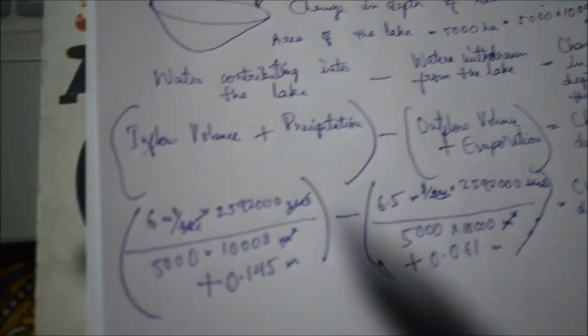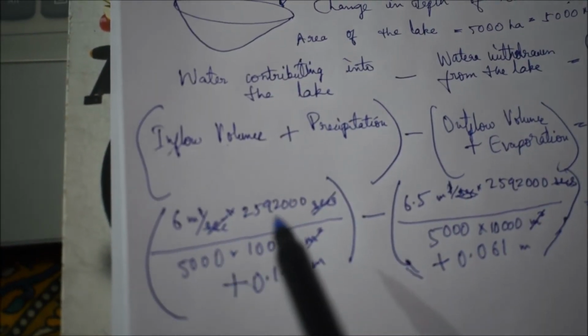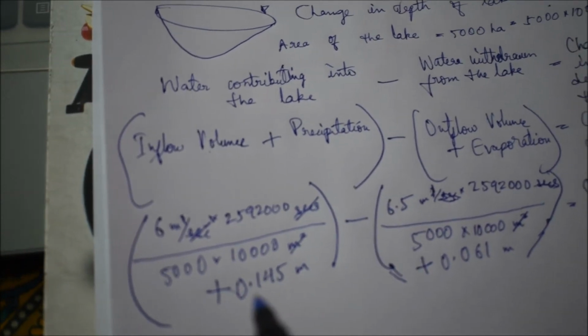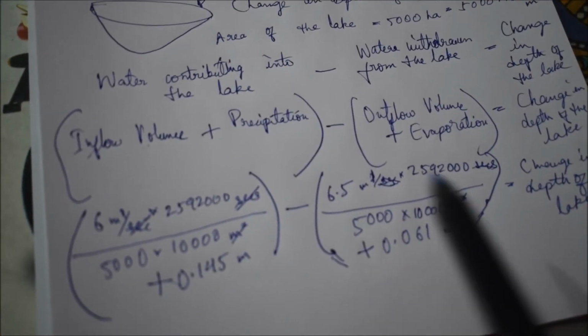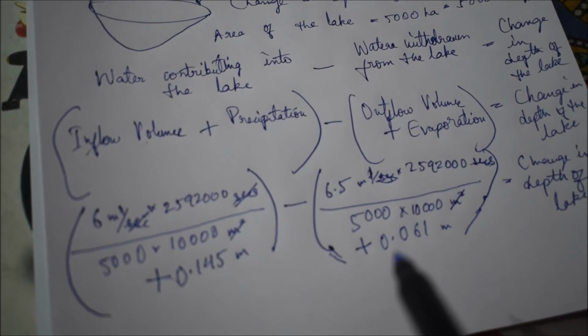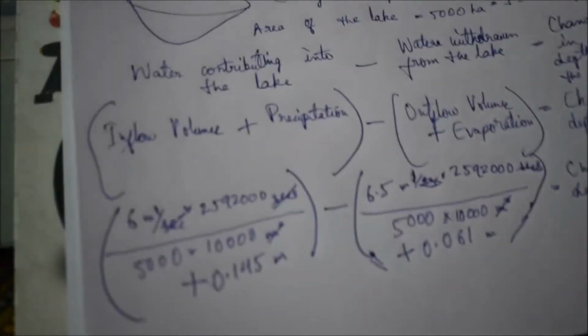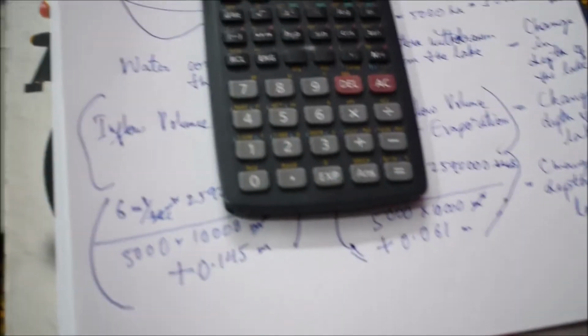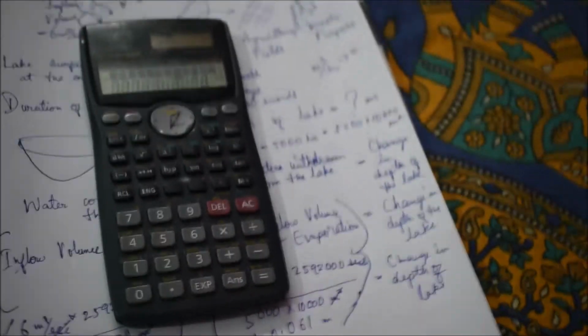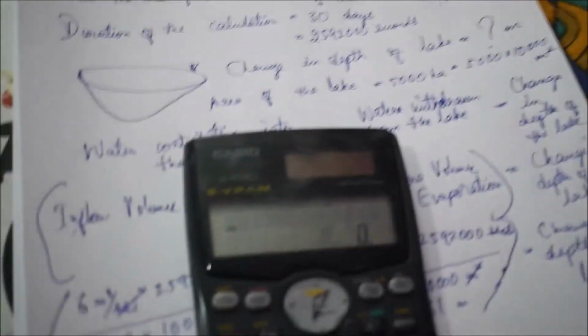So inflow volume is nothing but this, precipitation is 0.145 meters, outflow volume is this one, and evaporation is 0.061 meters. So let us solve this and see what difference we get, which will give us the result of change in depth of lake.